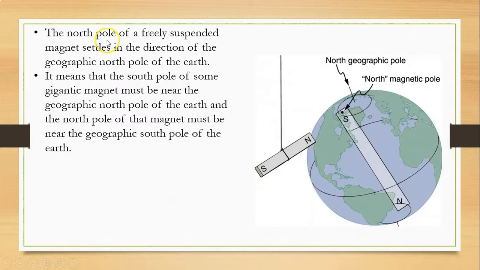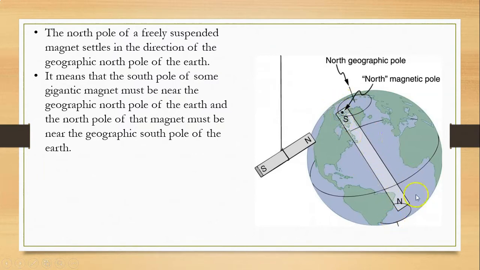And then this point is explained. The north pole of a freely suspended magnet settles in the direction of the geographic north pole. So once again I will explain this. This is the Earth, this is the North Pole of the Earth, and this is the South Pole of the Earth.